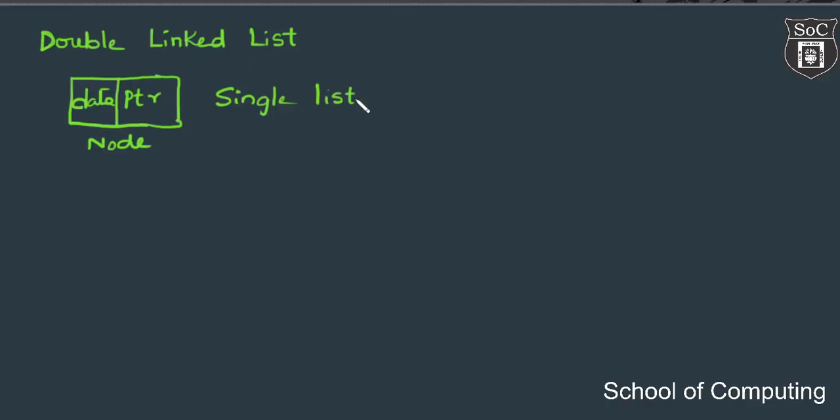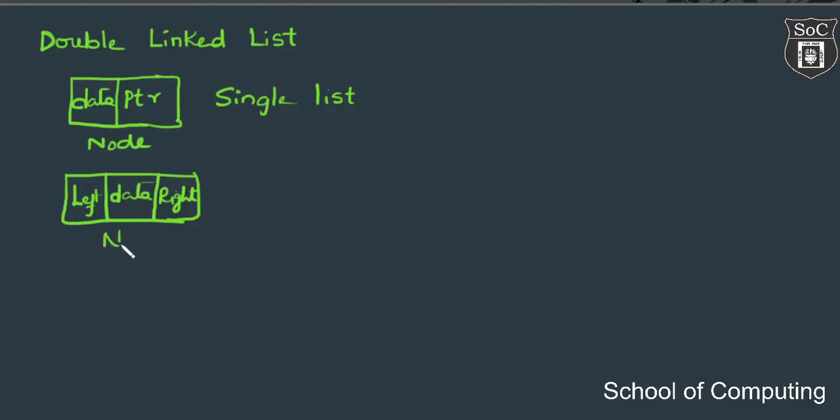In double linked list, we will have two pointers. So I'll have one pointer, let us call it left, and right, and data.